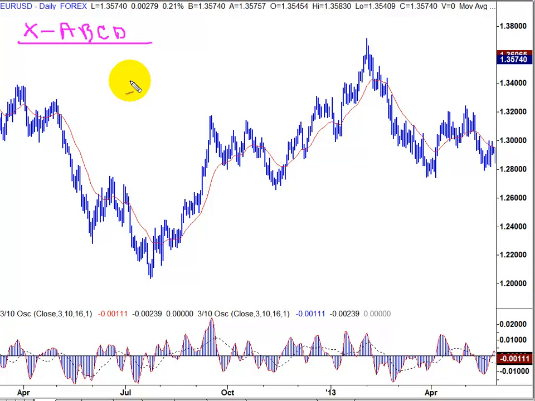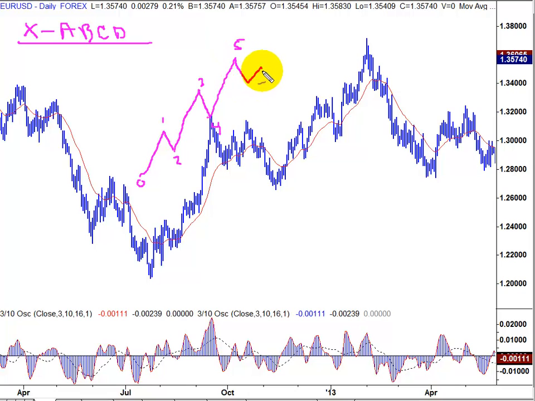Then you can also have an Elliott wave pattern where the market goes from 0 to 1, then comes to a 2, then goes to a 3, and goes to a 4, goes to a 5, and then the correction would be A, B, C, which is supposed to go back higher.